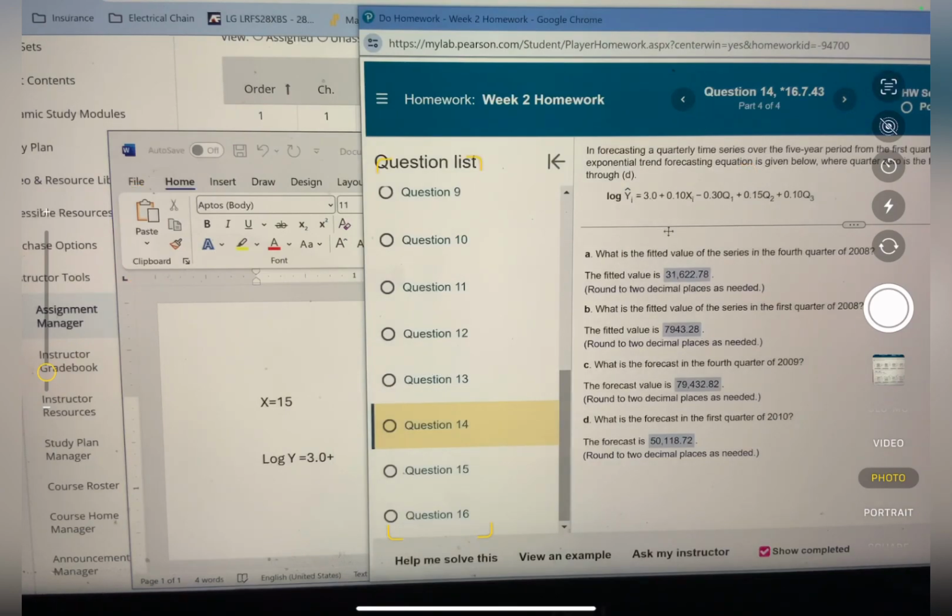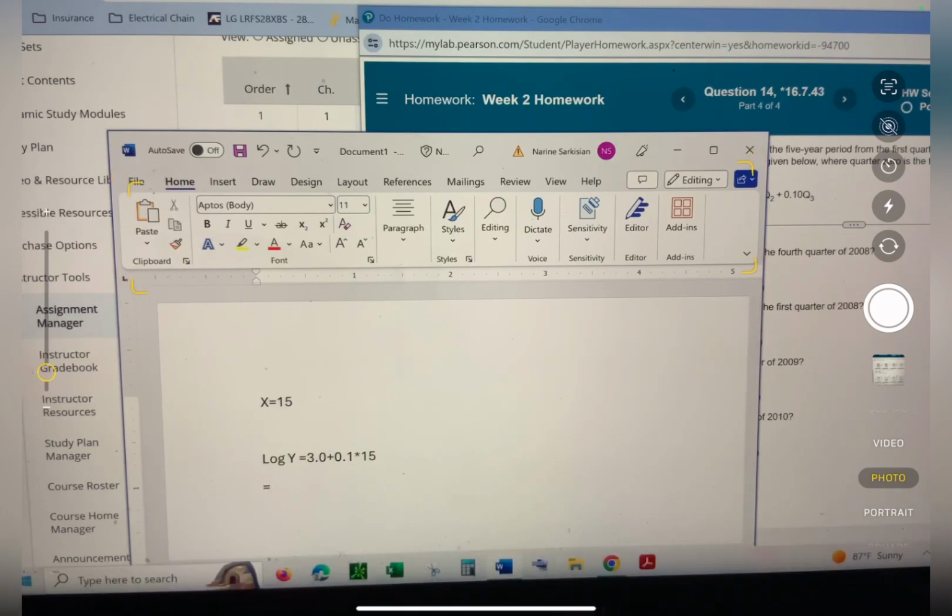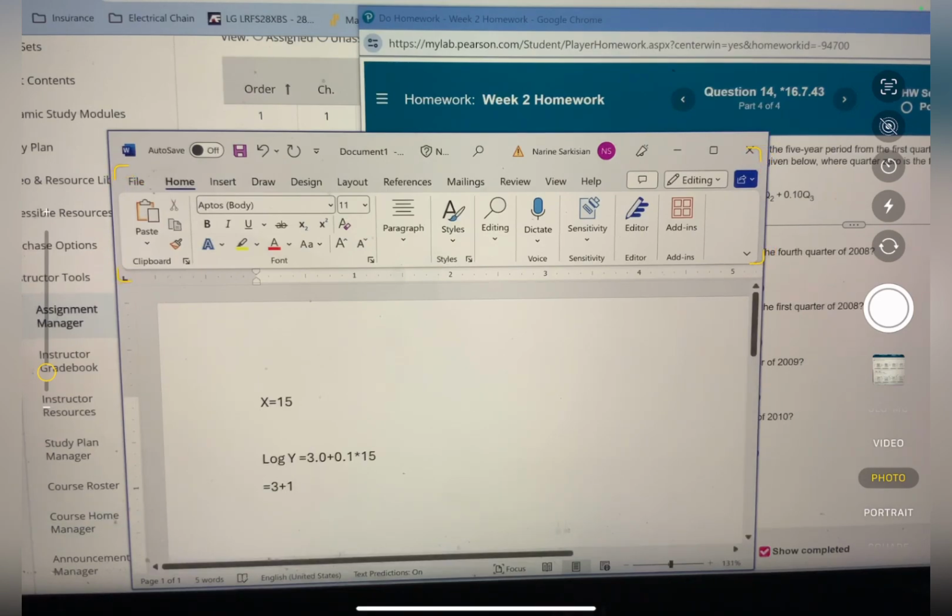Yes, 0.1 times 15, right? We counted 15 quarters. 0.1 times 15. If you wonder why I'm typing, you will see in a minute. So it's going to be equal sign, 3 plus 1.5, right? 0.1 times 15 is 1.5, which is going to be 4.5.